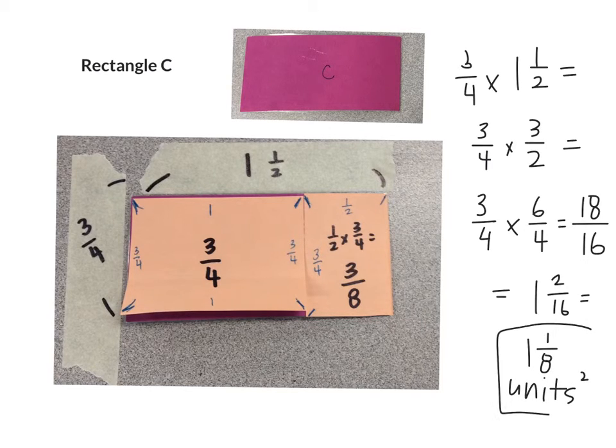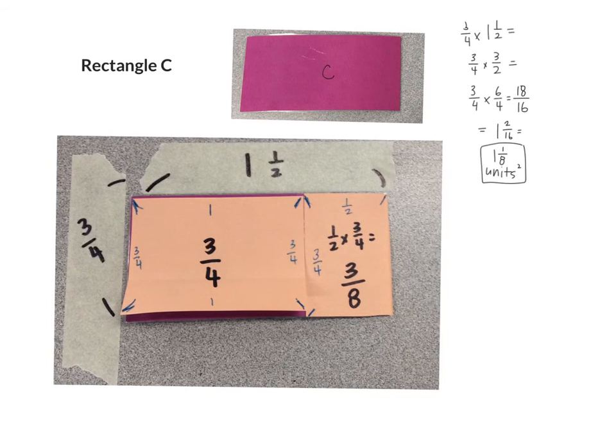Okay, but how could I use what I've already found to find the area as well? Well, we know that the area of this part right here is 3/4 because we have 1 times 3/4. Do you agree? We also know the area of this part is 3/8 because we have 1/2 times 3/4.